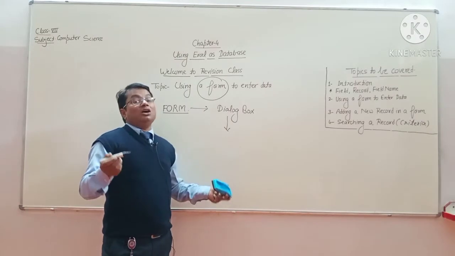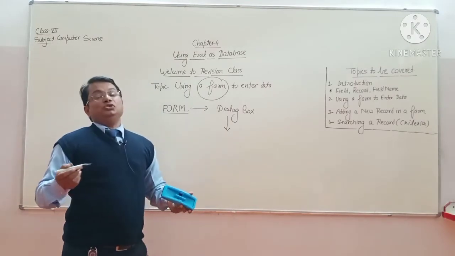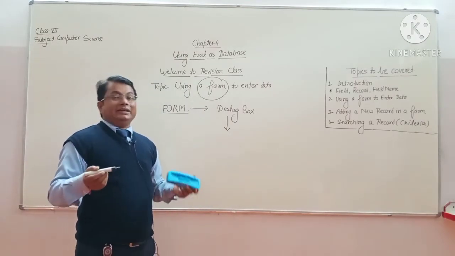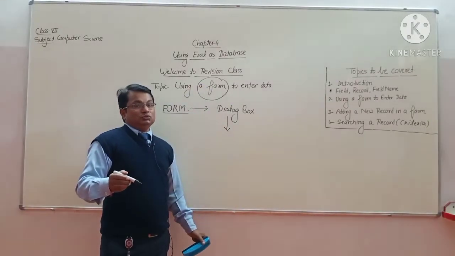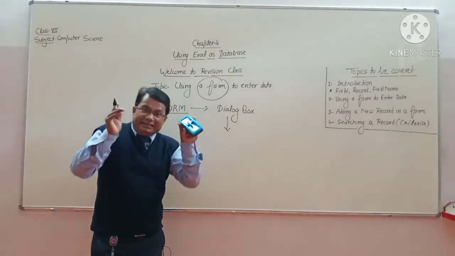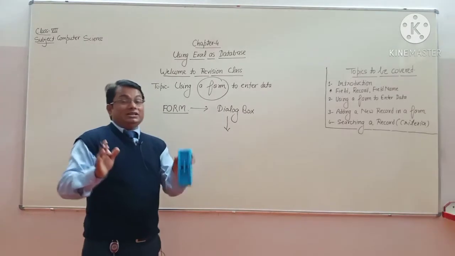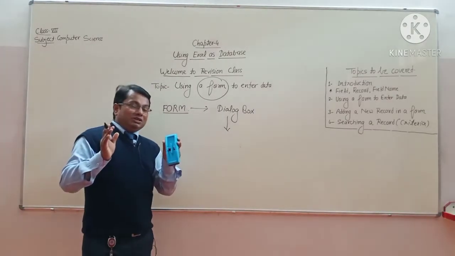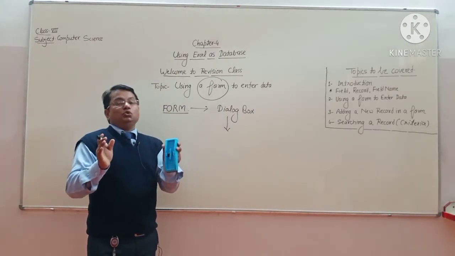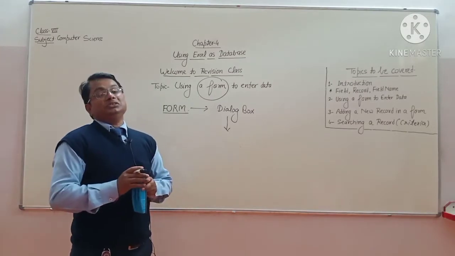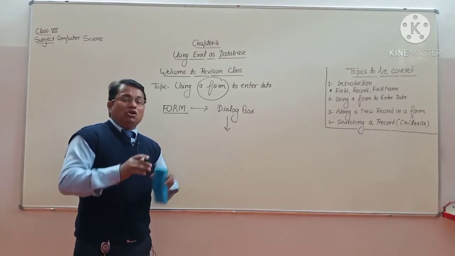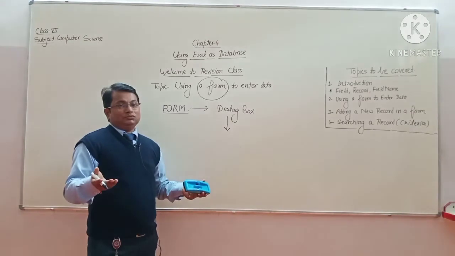Suppose you have entered wrong data. At that time you can use the delete button on this dialog box. Okay, so form is the easiest way. By this you can enter the data of a particular student or any person.